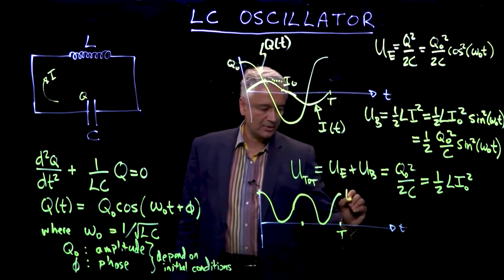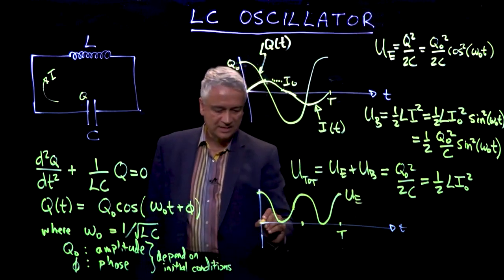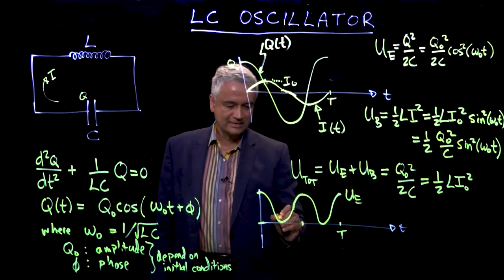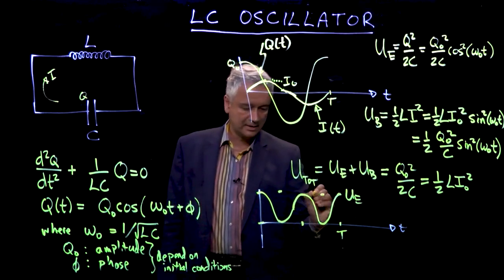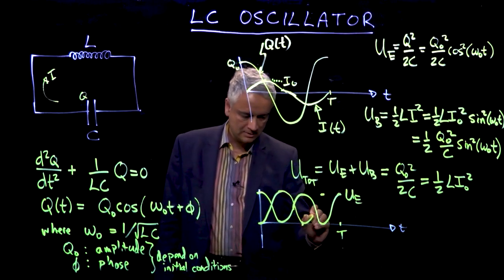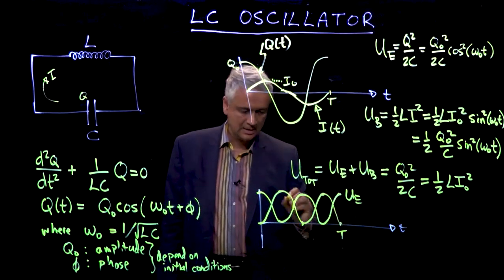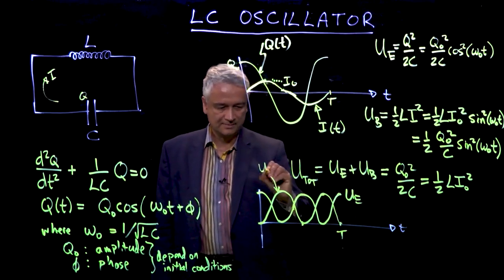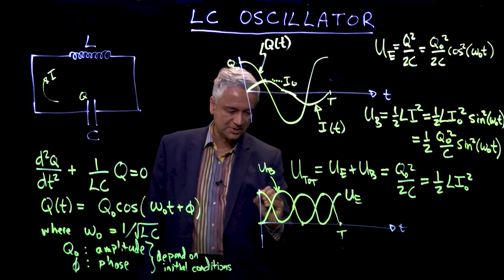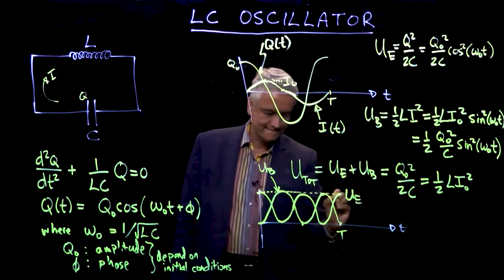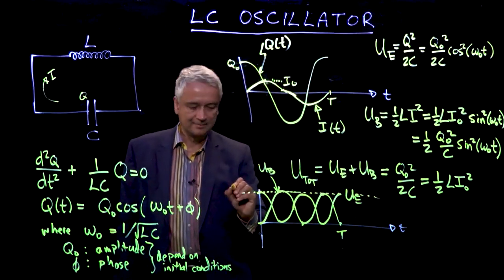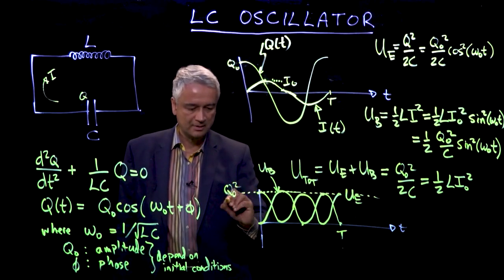This is UE. UB starts out 0 in the initial conditions, no energy in the inductor, and it rises to its maximal value here and here, and so it looks like this. So this one is UB, and the sum total is just a constant. This constant being Q naught squared over 2C.